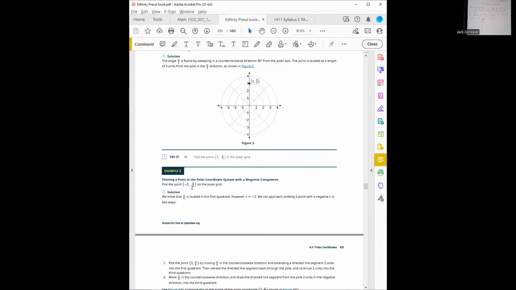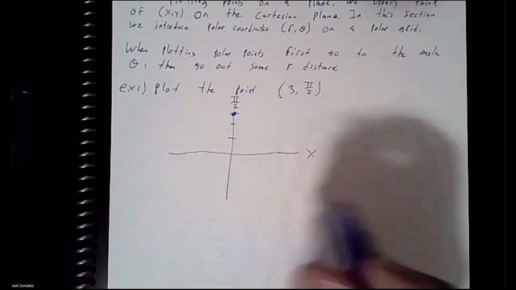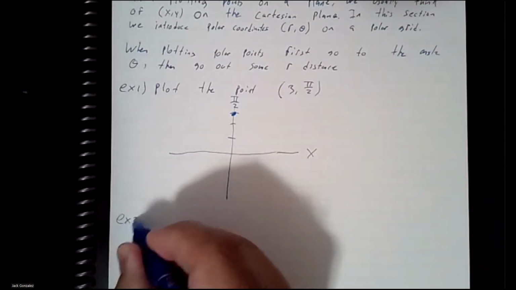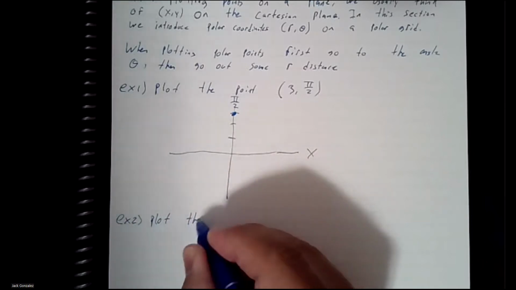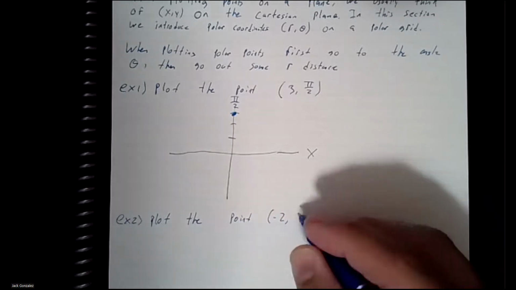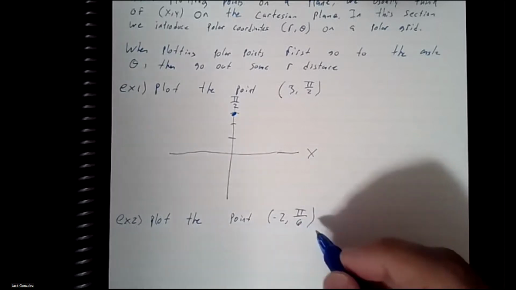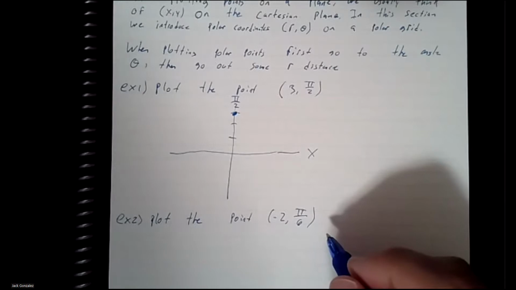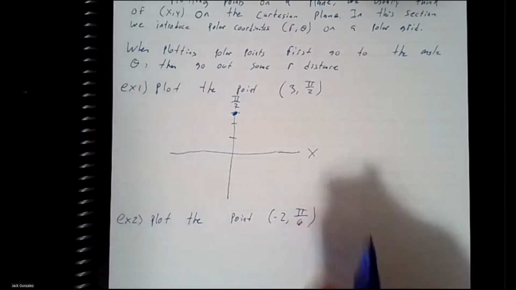Okay, so let's do another one. This time it's negative. Example 2, plot the point -2 comma pi over 6. So go to this angle first, which is pi over 6. That's going to be 30 degrees. And then go back.